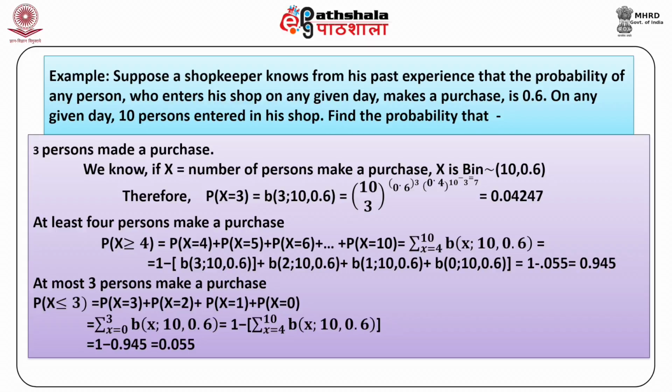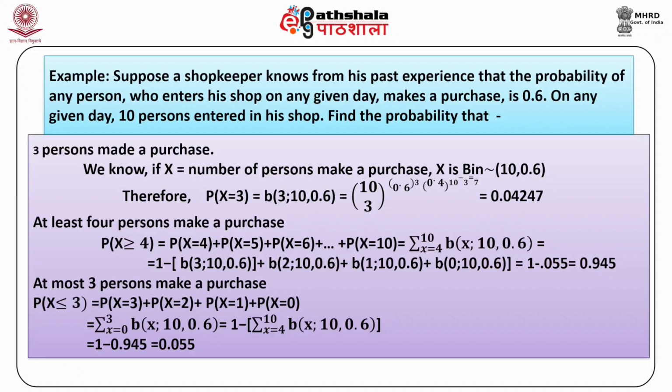Similarly, suppose we want to find out that at least 4 persons make a purchase, which means we want to find the probability that capital X is greater than or equal to 4. Now, this is equal to the probability that capital X is equal to 4 plus 5 plus 6, and so on up to the probability that X is equal to 10, which means it is a summation over X ranging from 4 to 10 of the binomial distribution of this variate X with n equal to 10 and p equal to 0.6.